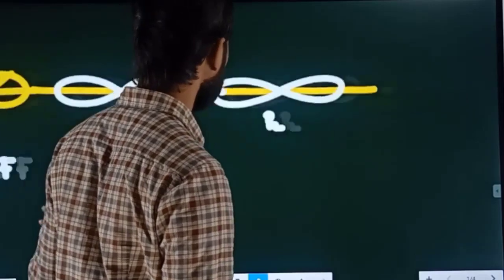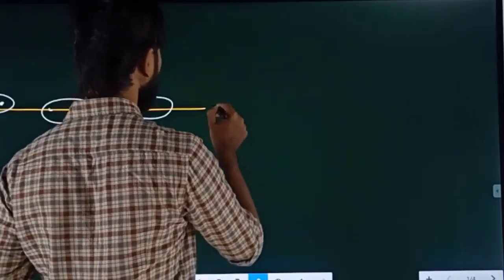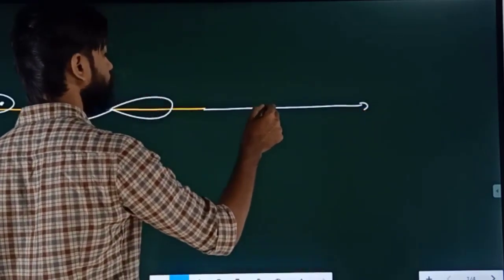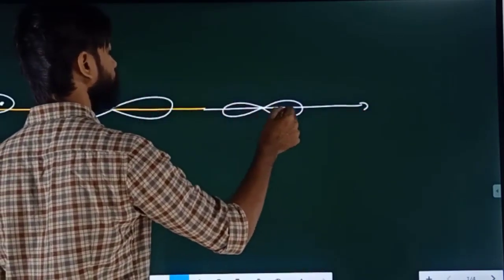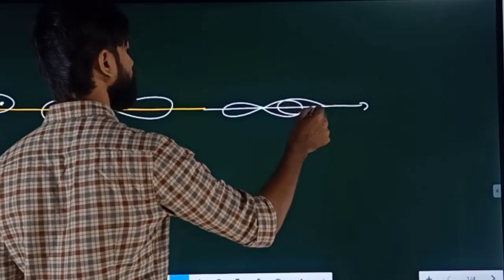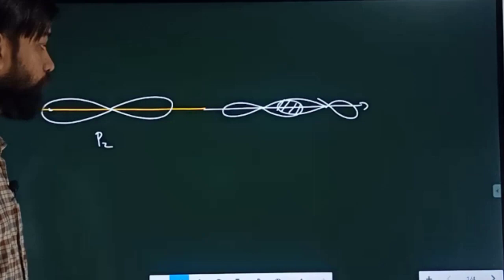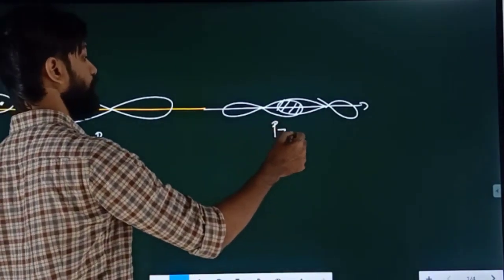What is the speciality? When these two get overlapped, a greater extended overlapping is formed. This is said to be the pz-pz overlapping.